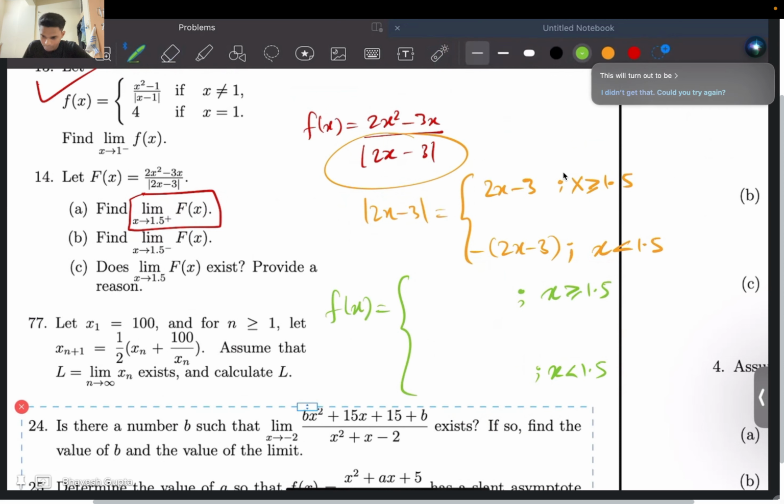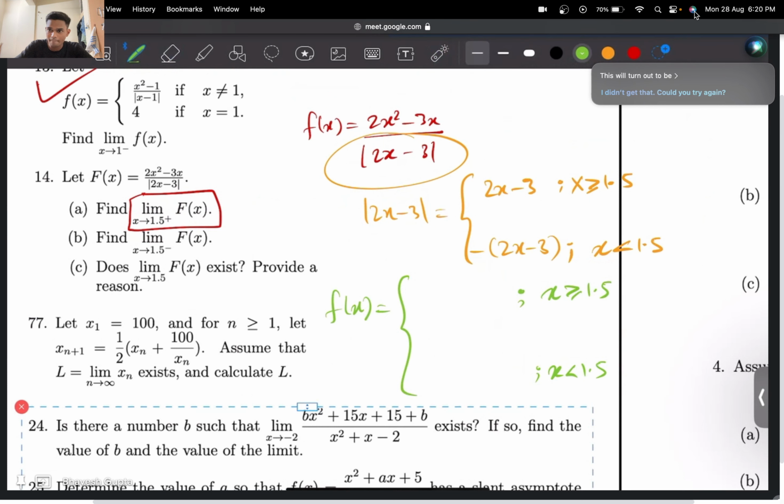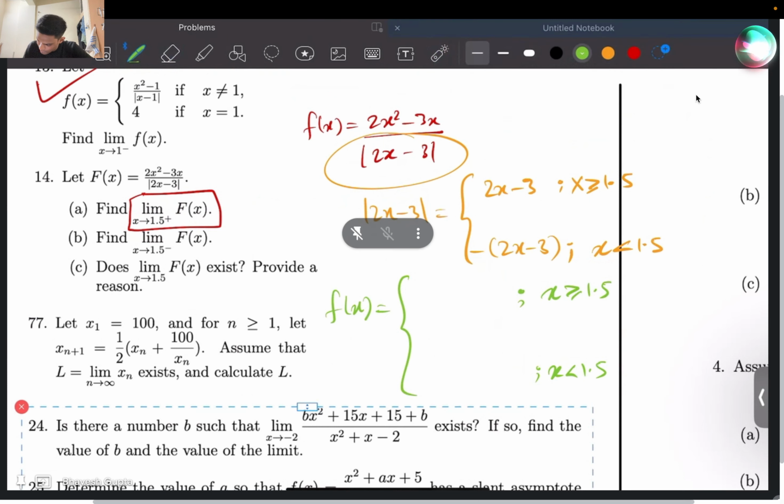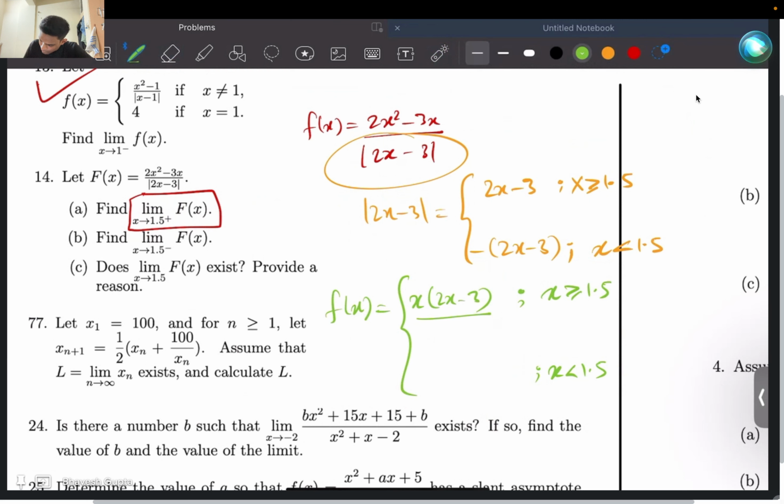Just take a common x, you will see x times 2x minus 3. I'm just doing simple factorization, nothing more. And over here you have minus x times 2x minus 3. That's it.